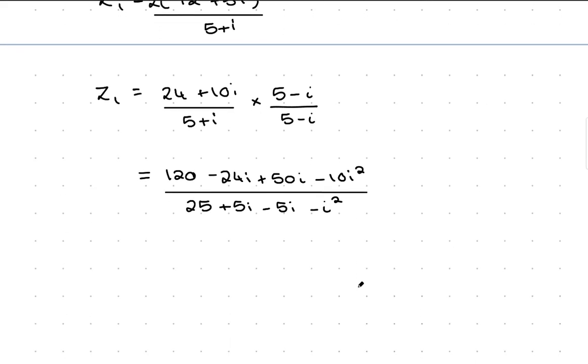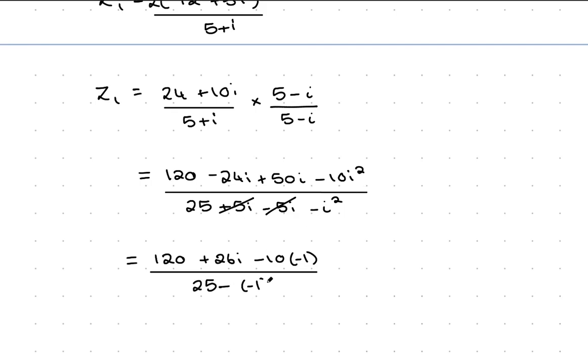So taking our time with this, then we're going to have 120, that's going to be minus 24 plus 50 is 26, so plus 26i. And then we're going to have minus 10. And as we said, i squared works out nice and simple as minus 1. And on the bottom, we've 25 plus 5i minus 5i. Those sum to 0. And we're going to have 25 minus, and we said i squared was minus 1.